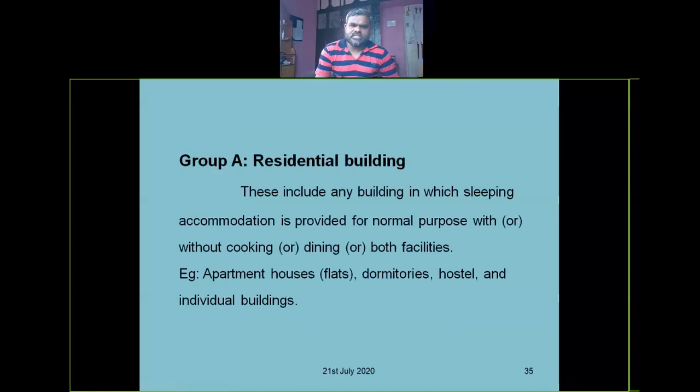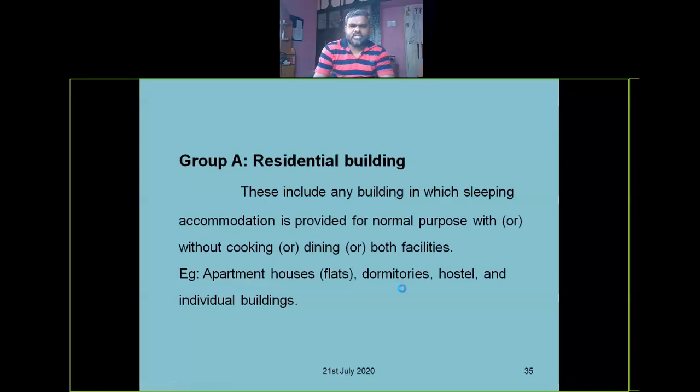These residential buildings are again divided further. Residential buildings include any building in which sleeping accommodation is provided for normal purpose, with or without cooking, with or without dining, or both facilities, like apartment houses, dormitories, hostels, and individual buildings.